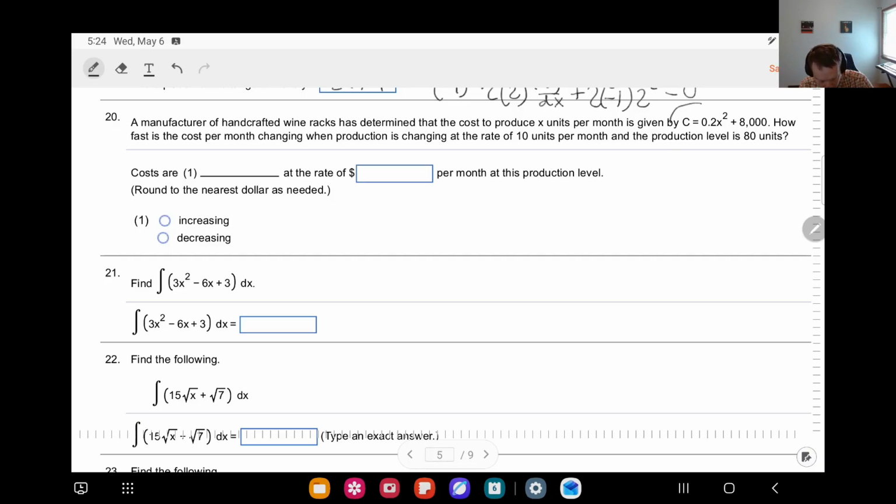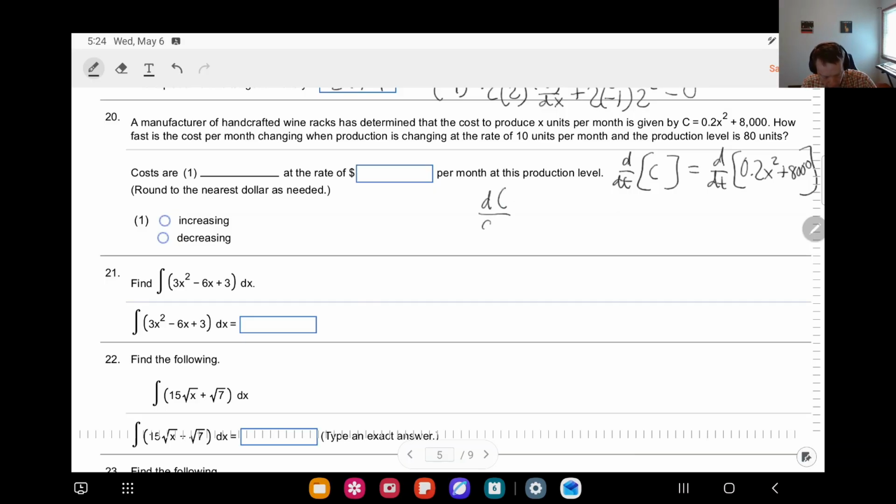So I want to take this relationship that I have and take d/dt of both sides, derivative with respect to time. The plus 8,000, that 8,000 is going to go away. Right? This is implicit differentiation still.